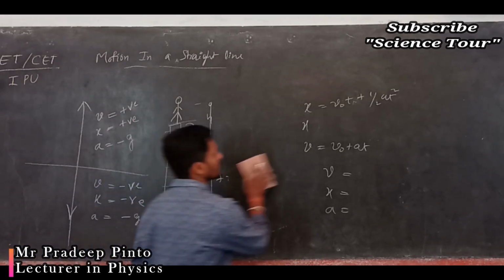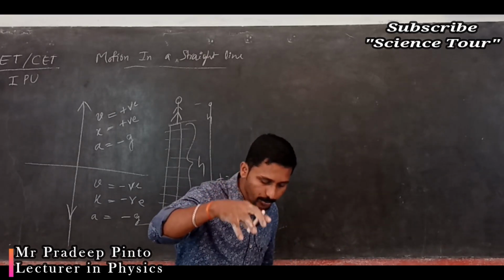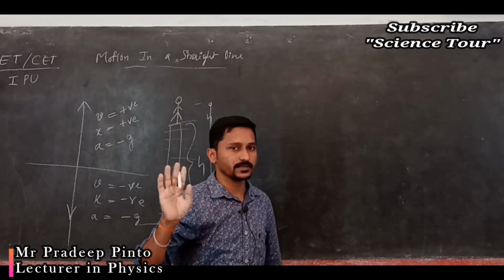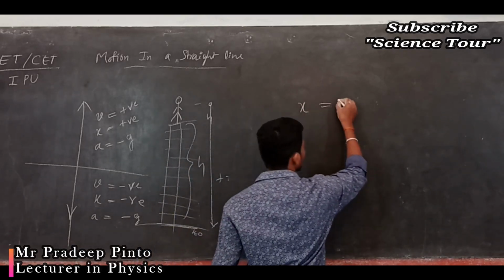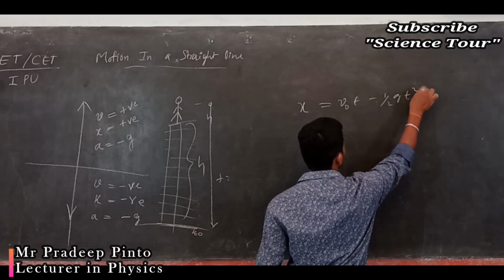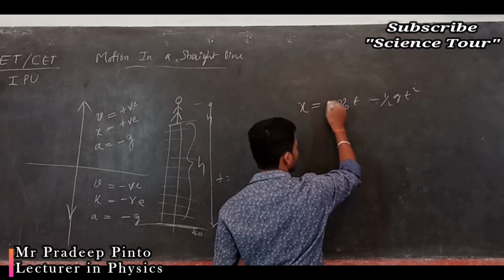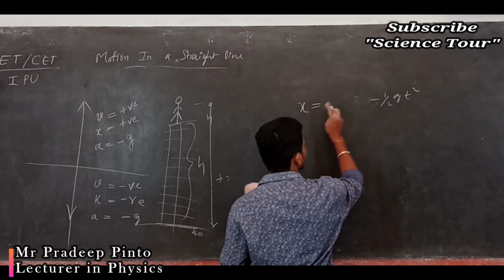Now suppose you have to find out the displacement. The object I have dropped down, okay, and you have to find out the displacement. Now you are going to get V naught t minus half g t square. So g you put as minus, and velocity is not given, I have dropped it, so it is 0.